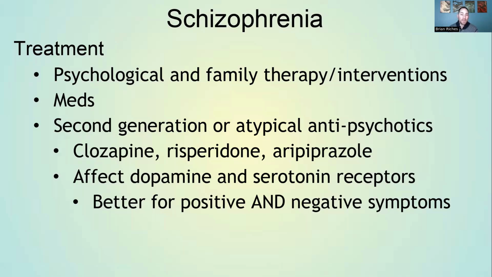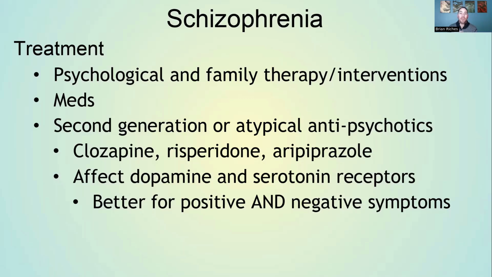Second generation or atypical antipsychotics are the things being prescribed now. These are things like clozapine, risperidone, and another one I'm not even sure how to say. I don't know that I've actually ever heard it said. I think I might have only ever read it. The thing with these is that they affect both dopamine and serotonin receptors, and they seem to be better for both positive and negative symptoms.